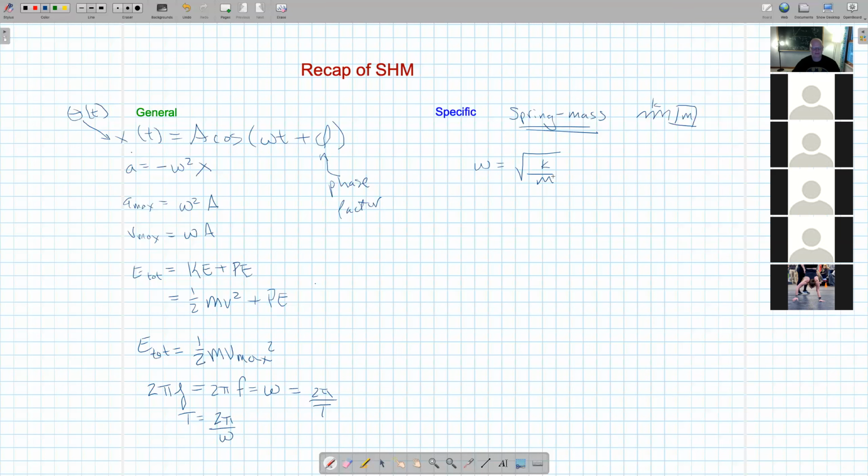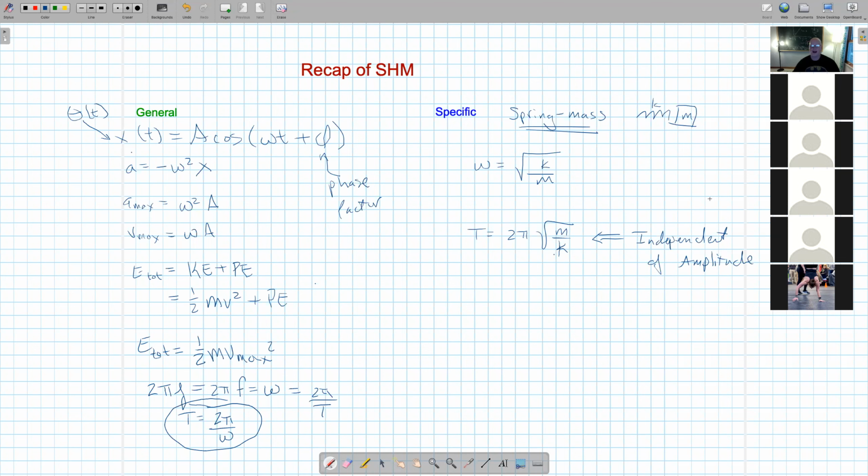One thing I wanted to point out before we move on is the period. In the specific case of a spring mass system, our period is 2 pi times the square root of the mass divided by the spring constant, which basically means that it's independent of amplitude.